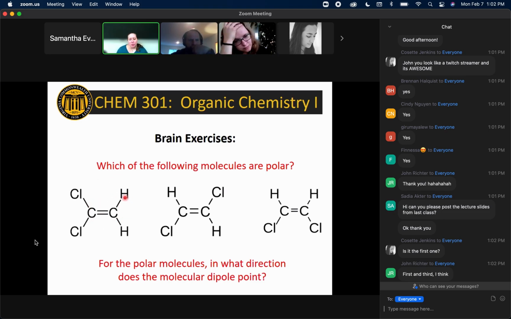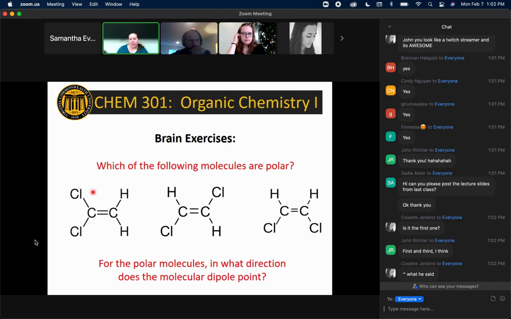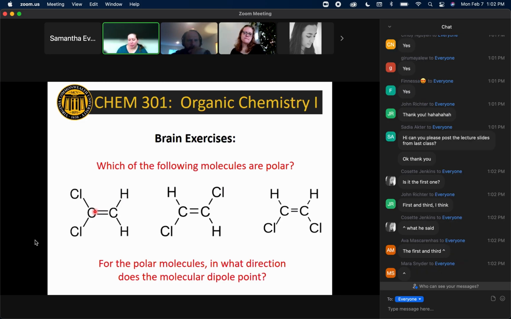So in order to think about which one's polar, you want to be thinking about the dipole moment of each bond and the angles that those dipole moments are going in. And then you want to think about, if you add up all those dipole moments together, which ones are going to cancel out and which ones are going to add together to point in a particular direction.